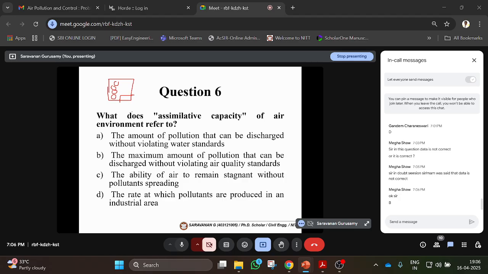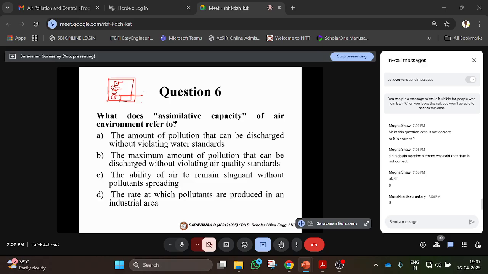I have to know the existing emission from these 100 industries and I have to know the assimilation capacity of Trichy's air quality. If it has already reached this assimilation capacity, I should not give consent to this industry.